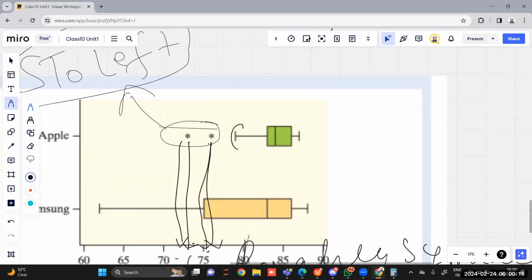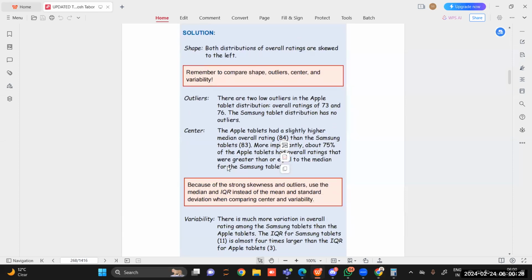This Apple is starting from here, from 80 or around, greater than 75. And this Q1 for Samsung is starting from here. So what he's trying to say is that about 75% of the Apple tablets had overall ratings that were greater than or equal to the median for the Samsung tablets.